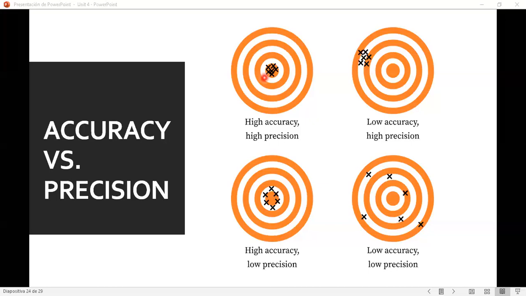That means precision is how close they are between each other. If we talk about an instrument and a measure, or an instrument and the product that it makes, accuracy would be that they are at the true value. Precision means all the answers go the same way, that's why they are close together. So that's the difference between accuracy and precision.